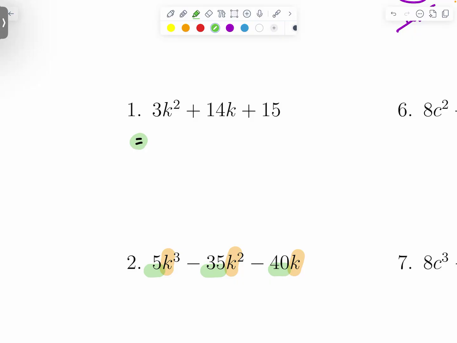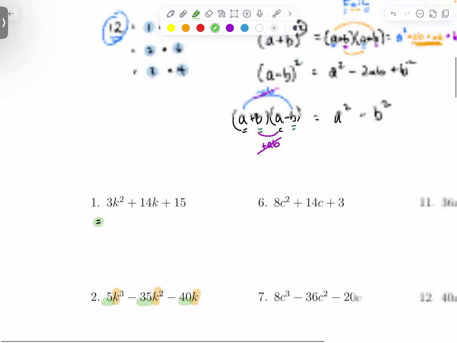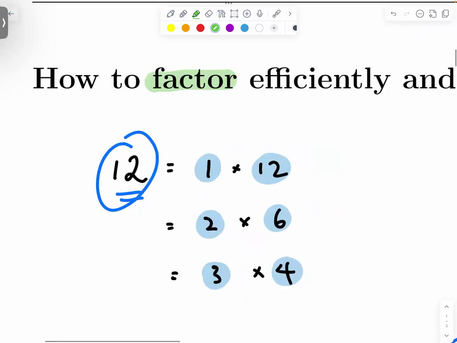Don't skip the notation. I will tell you why. Number one, you are not doing magic. What you are simply doing is breaking down the number 12 into 1 times 12, and they are equal to each other. They have to be equal to each other. And if they're equal to each other, then you write an equal sign.